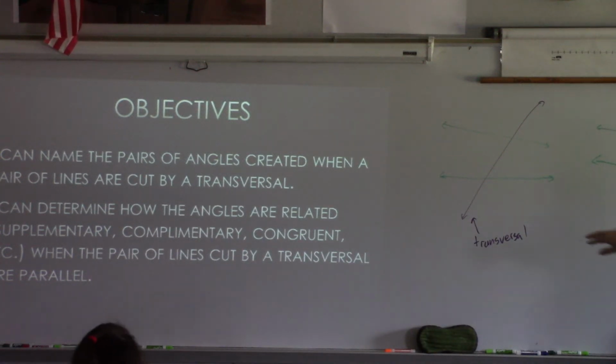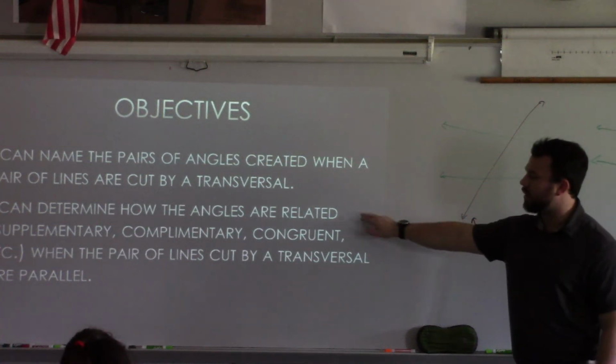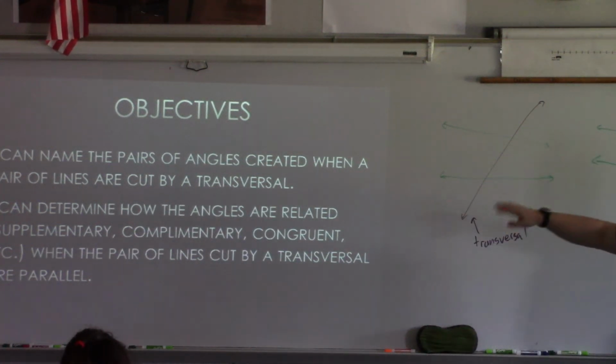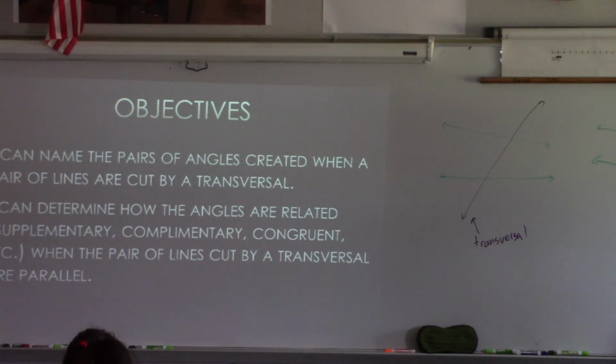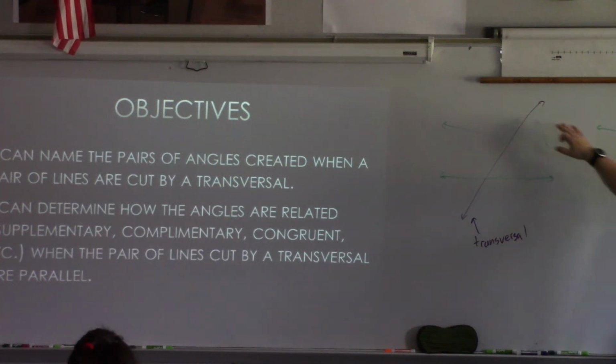And notice that's this part here. I can determine how the angles are related, supplementary, complementary, congruent, etc., when the pair of lines cut by a transversal are parallel. So we are looking at lines cut by a transversal, specifically parallel lines cut by a transversal.